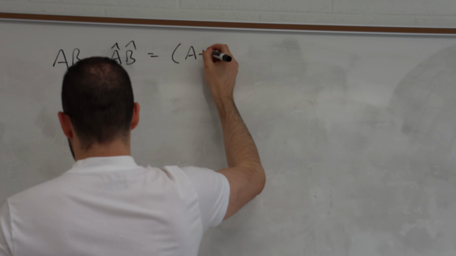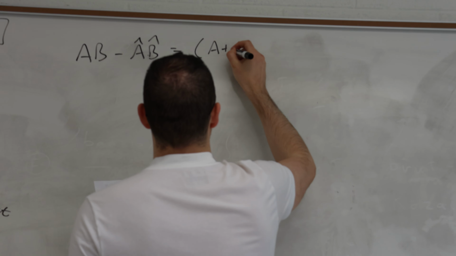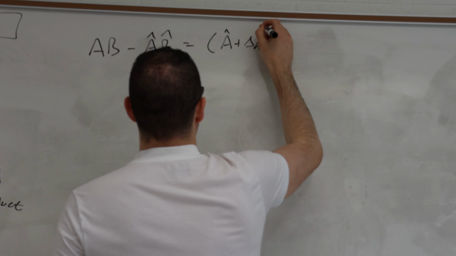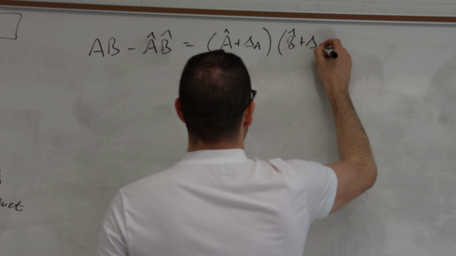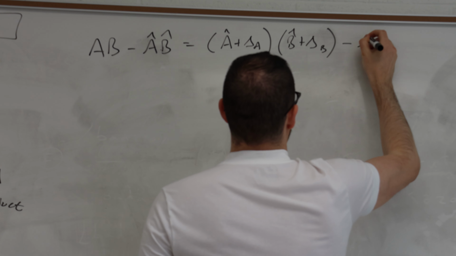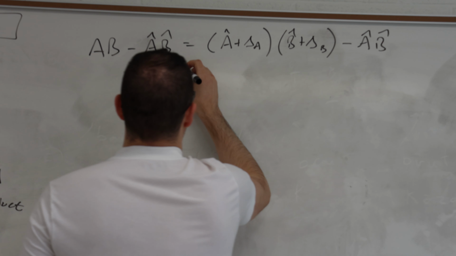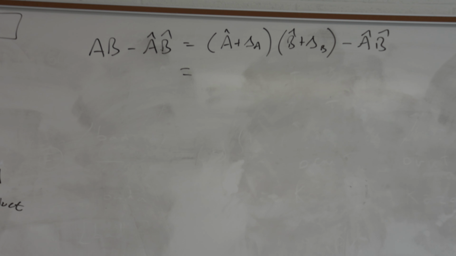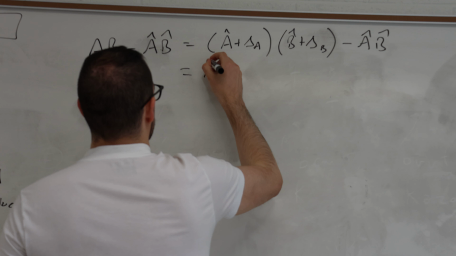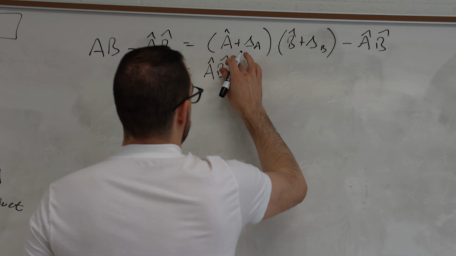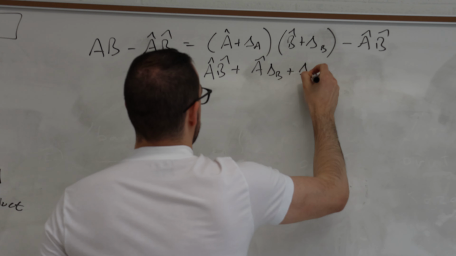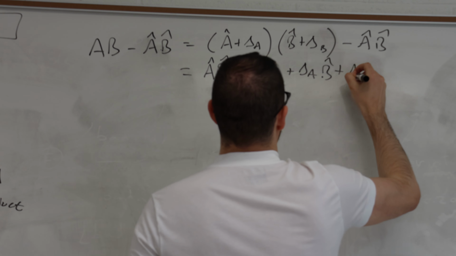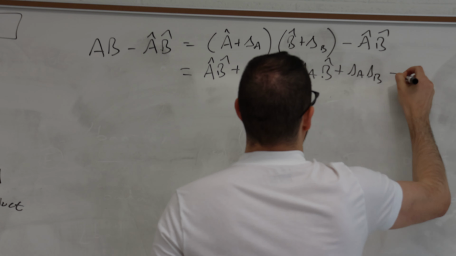A is A hat plus delta A, and then B is B hat plus delta B, and we have minus A hat times B hat. So when you expand this, you'll get four terms. A hat and B hat will cancel each other out. So A hat B hat plus A hat times delta B plus delta A times B hat plus delta A delta B.